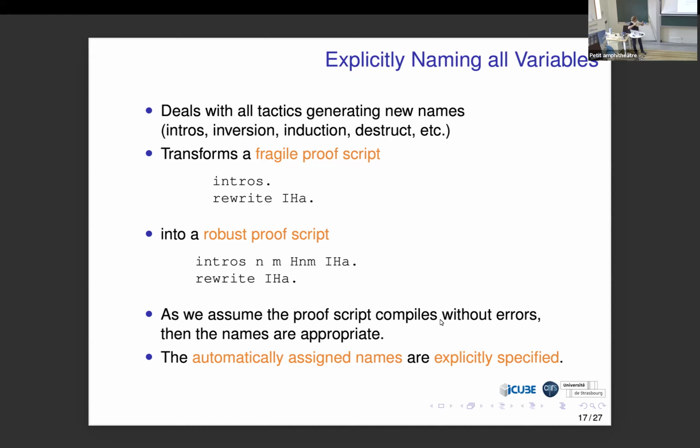You don't have to guess anything, it's already known by the system. That's what's written here, I think. And so now all names are automatically and explicitly specified.